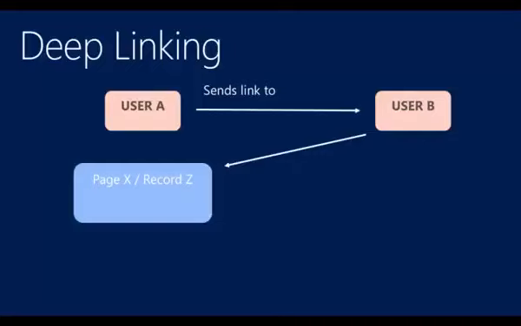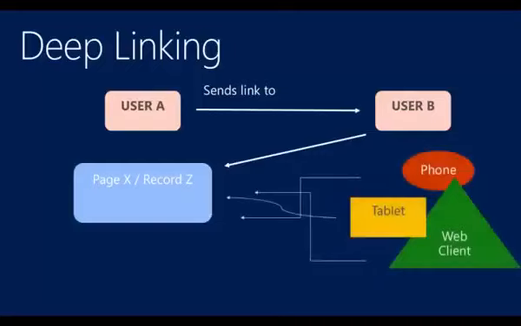What is new and what will be more and more common is that nowadays user B may activate this hyperlink either on a normal workstation or on a phone or a tablet or in a web browser. If it's on a phone, then that might be a Windows phone or an iPhone, it could be an Android phone.